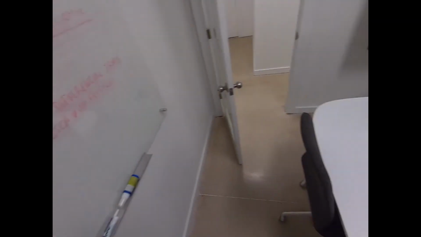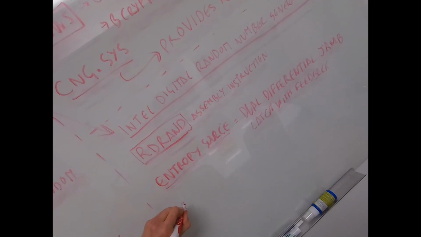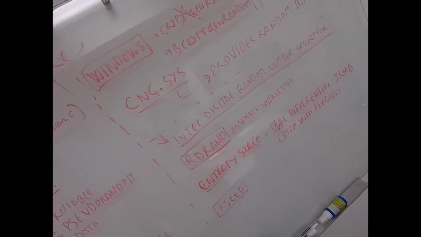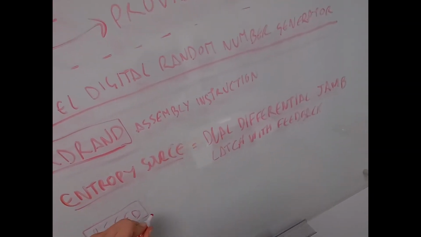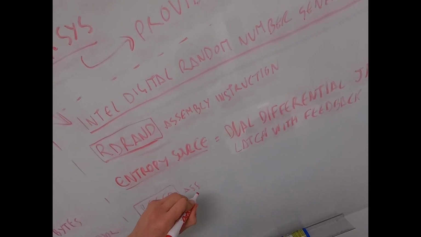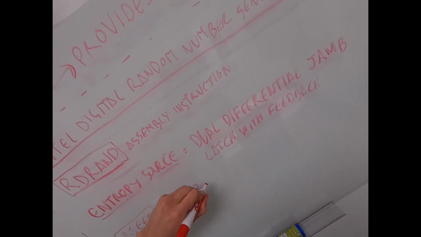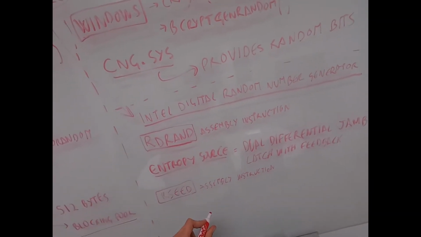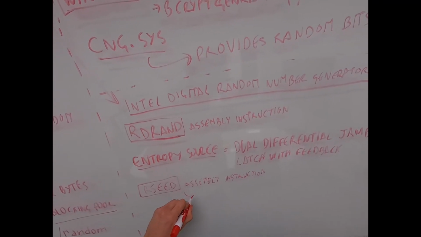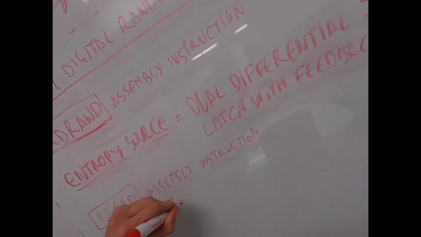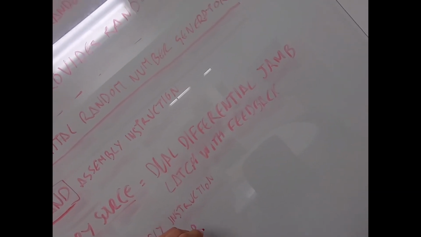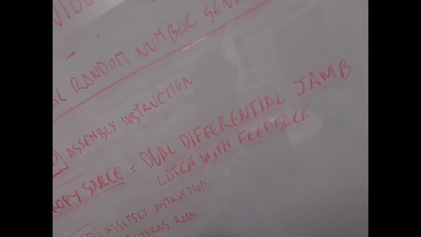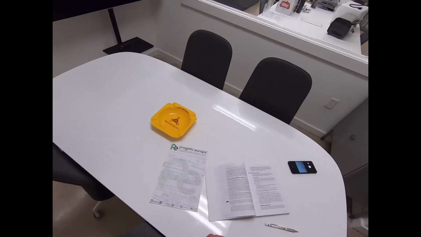There's also another instruction called RDSEED, which is also an assembly instruction, and this one returns raw random bits. How does the book define it?